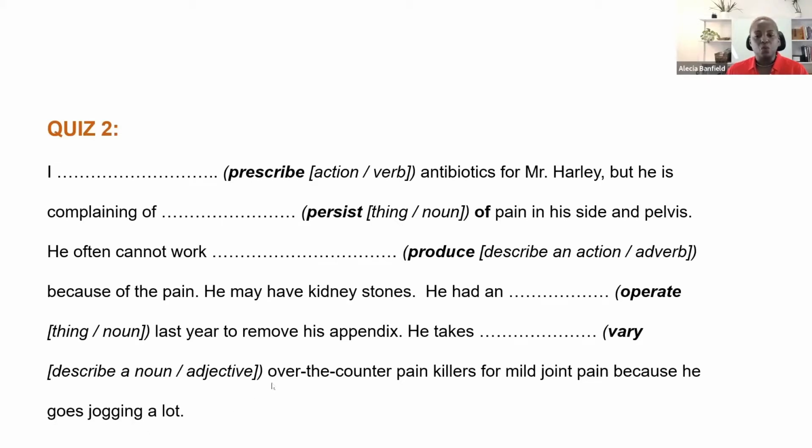So we're looking for a word that describes over-the-counter painkillers. We're looking for something that describes a noun. We are looking for an adjective. What is the adjective from very? So at this point, you can scroll back in the video, look at the table again, and then scroll forward and complete the exercise.